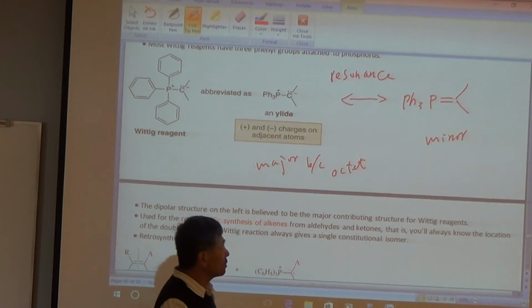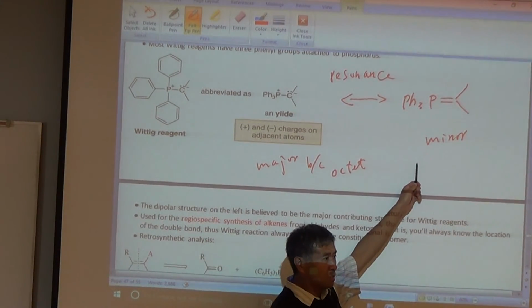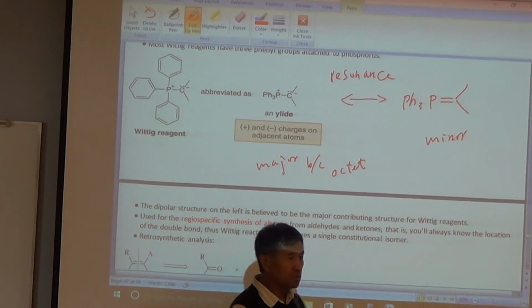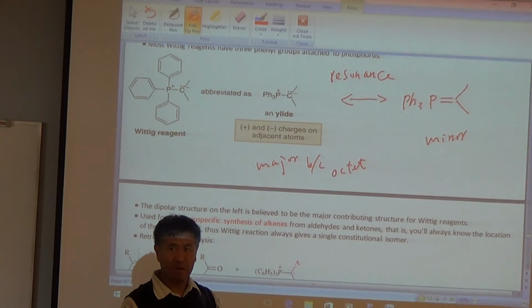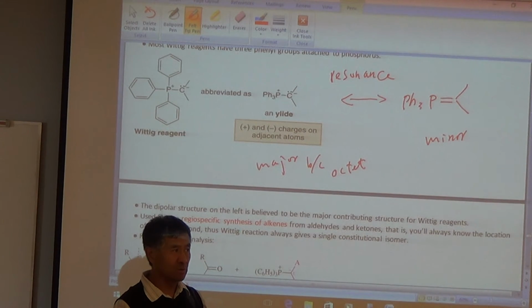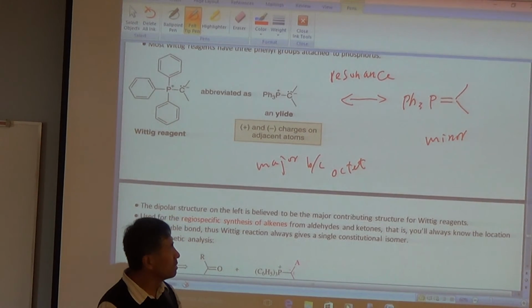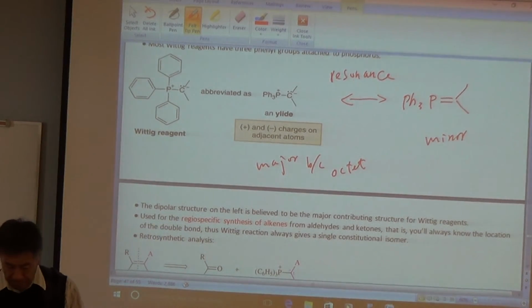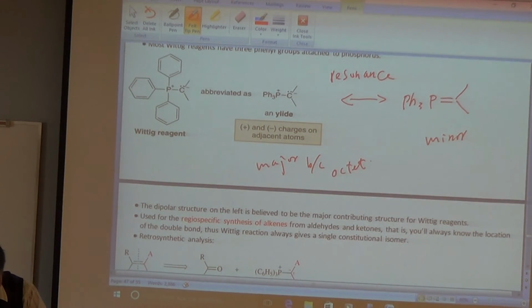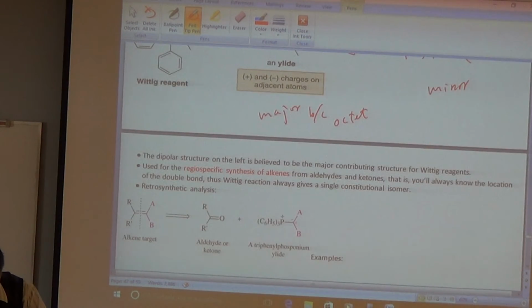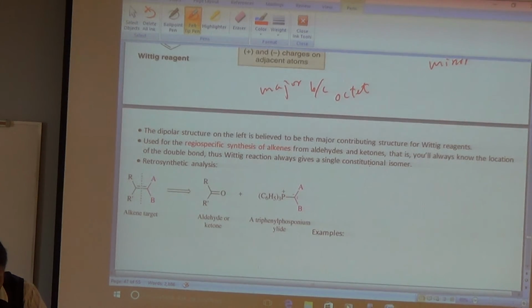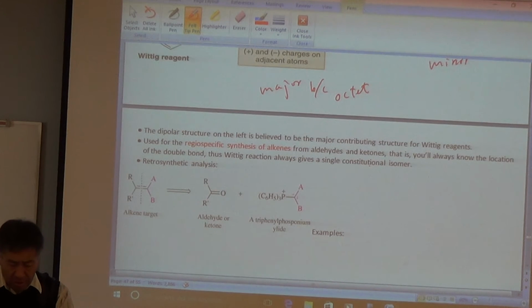Right? So in this structure, for this phosphorus, you have 5 pairs of electrons nearby. That is 10 electrons. So then you can use this ylide to react with aldehyde and ketone and produce an alkene, a double bond.